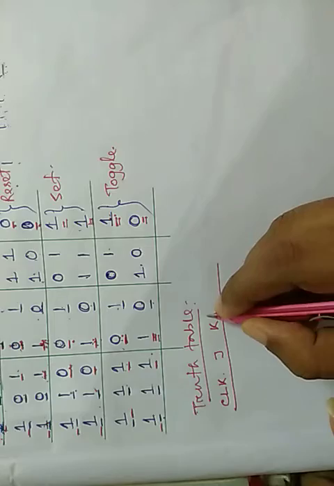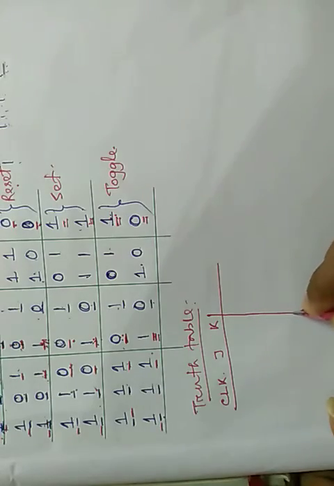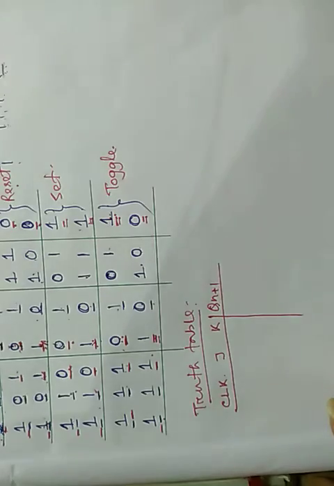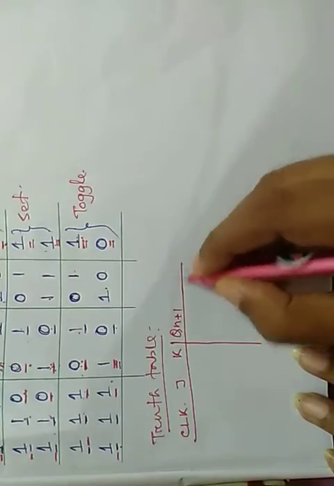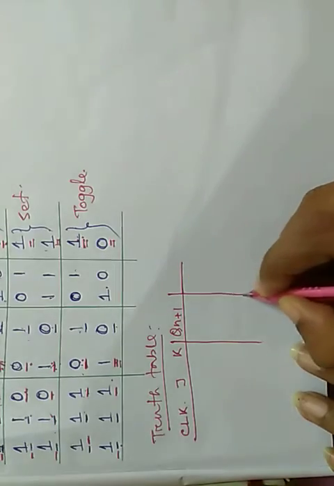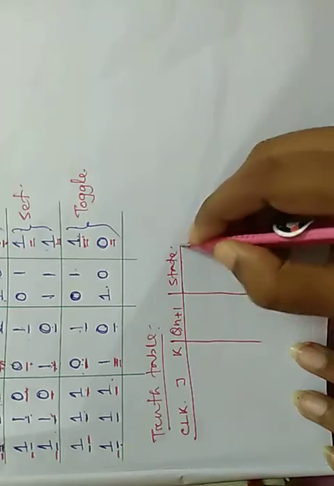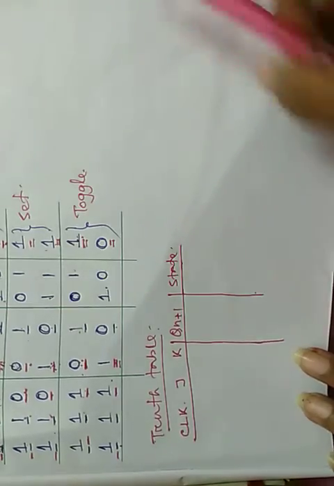Now our next state, Qn plus 1, and from this Qn plus 1 we can come to the condition, the state.